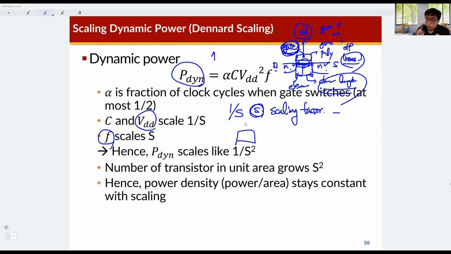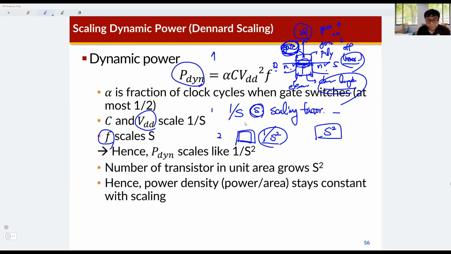The area of one transistor becomes 1 over S square, because this is one dimension, and area means two dimensions. Okay. So that means if we reduce the channel length by 1 over S, then we can include S squared transistors in the same area, right?